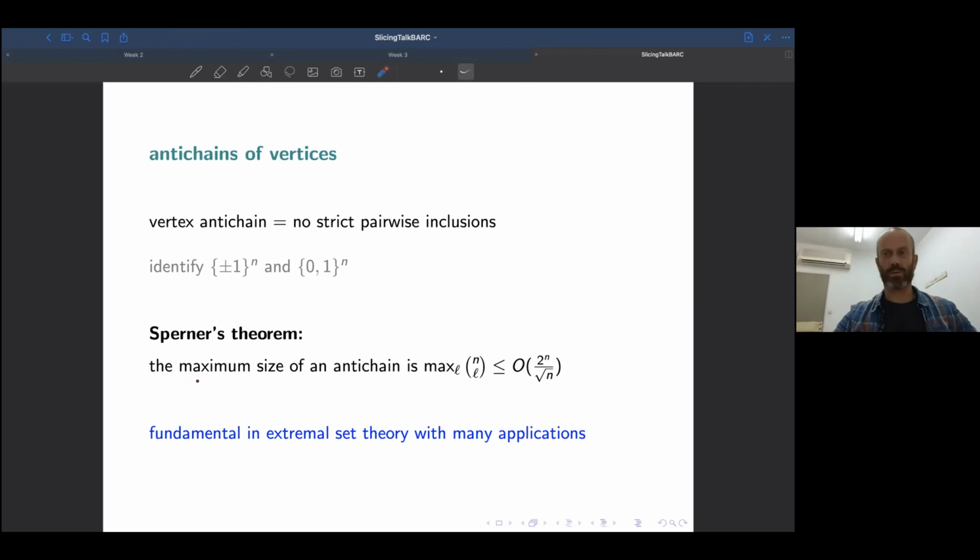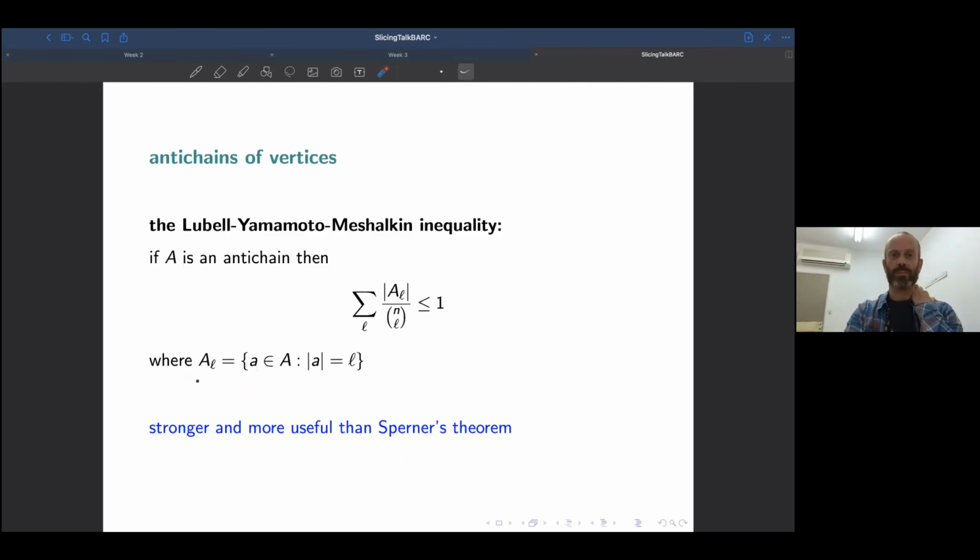But before that, I want to tell you about a well-known generalization of this theorem. It's called the LYM inequality. The LYM inequality is a theorem on antichains, and like Sperner's theorem, it says that the size of antichains is small. This is the inequality.